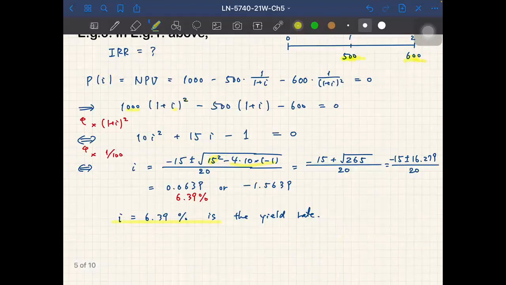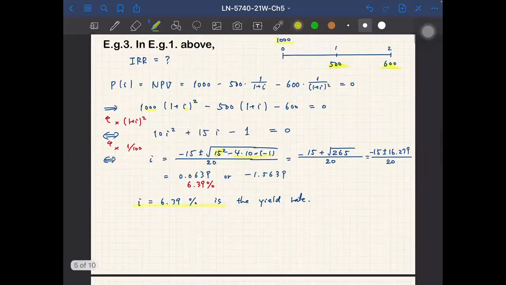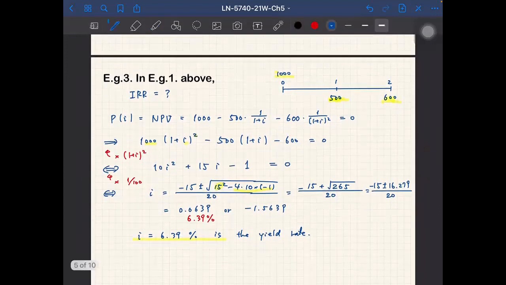And why do we get a different value, negative 1.56? This corresponds to negative 156%. What does that mean? If we have $100, we have an interest of negative $156, so this is worth actually negative $56 at time 1.